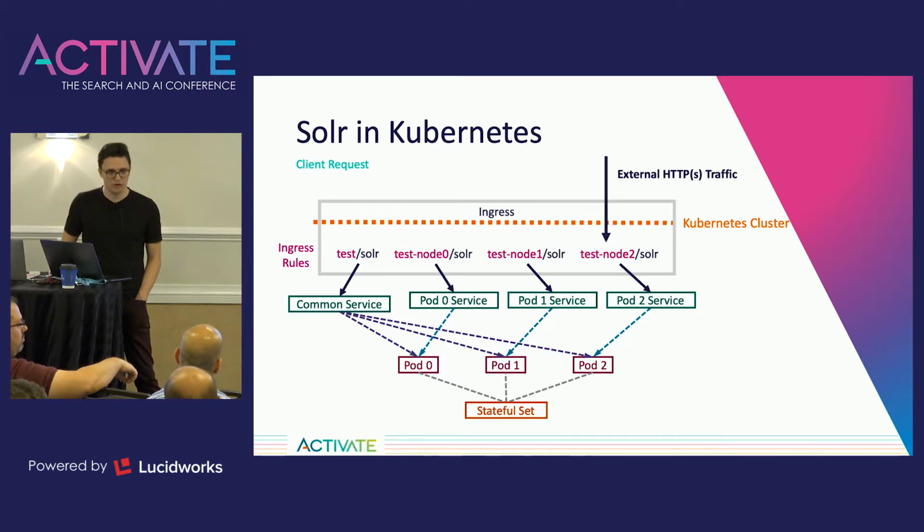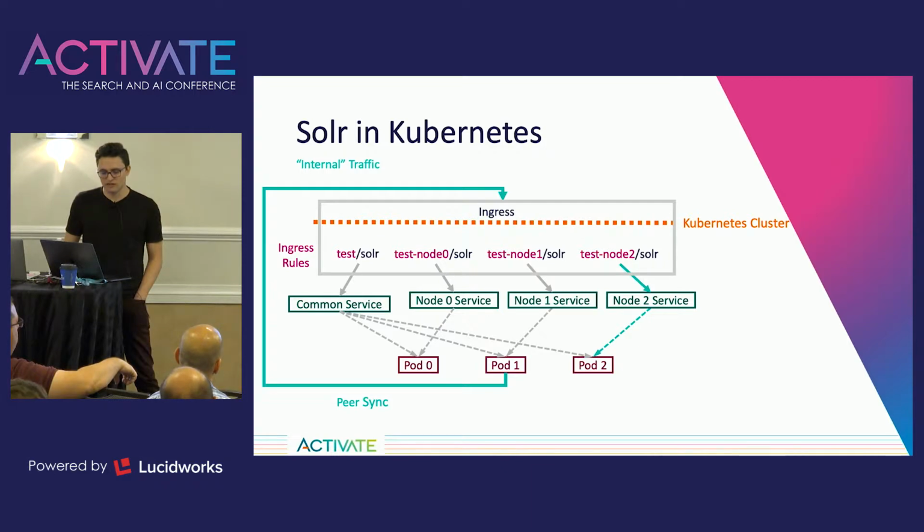However, this also works if we need to do peer sync, as I was saying before. Say pod 1 needs to talk to pod 2 to get information from a leader replica. And so pod 2 is addressed by the ingress rule that was made for it. So the actual Solr node within Kubernetes, within Solr Cloud, is named that ingress rule.